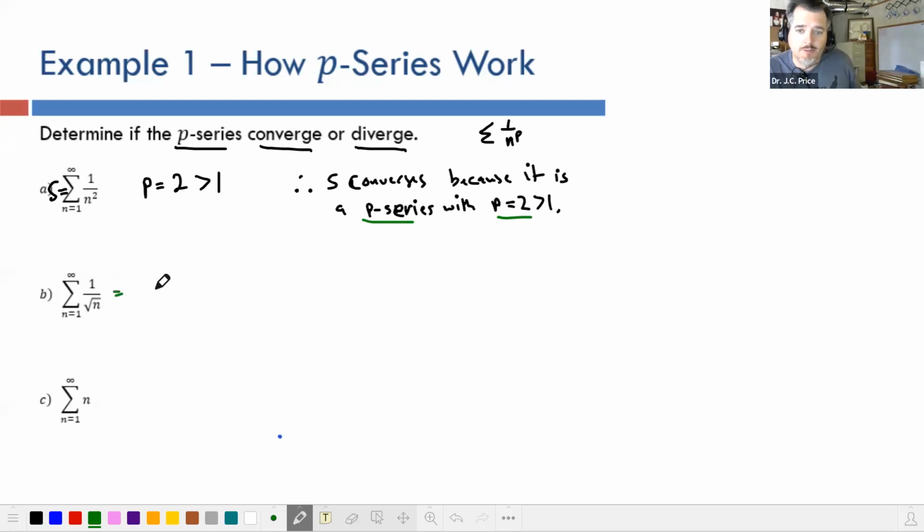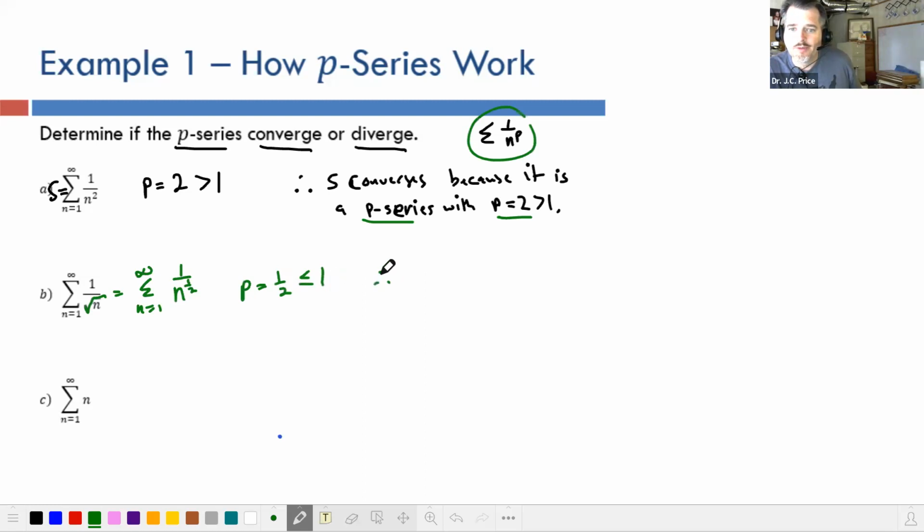Let's look at this one here. This is the sum, n equals 1 to infinity, and I'm going to write it as 1 over n to the p. So it's 1 over n to the, and the square root, remember, that's the 1/2. And so notice my p is equal to 1/2, and that's less than or equal to 1.